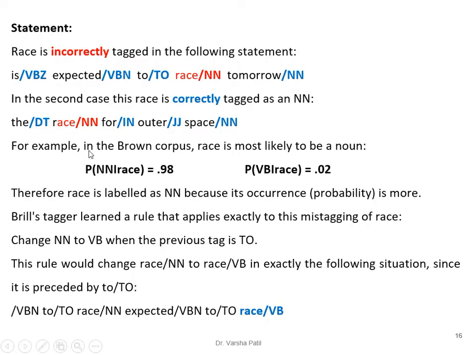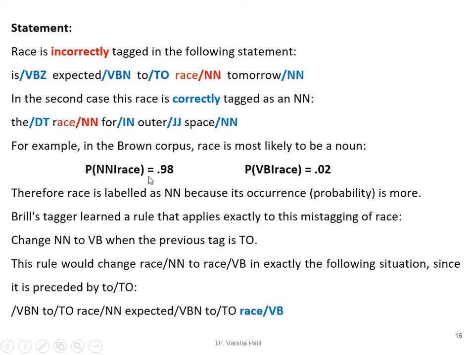Now see, for example, in the Brown corpus, race is most likely to be a noun. What happens when they check the Brown corpus? In the Brown corpus, the probability of race being a noun is 0.98, and the probability of race being a VB is 0.02. It indicates that in the Brown corpus, whenever the word race comes, it almost always comes with the noun tag.